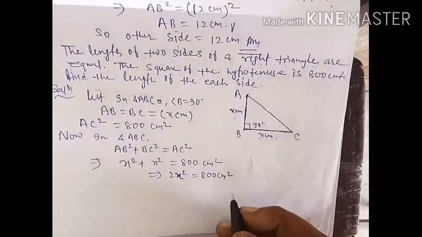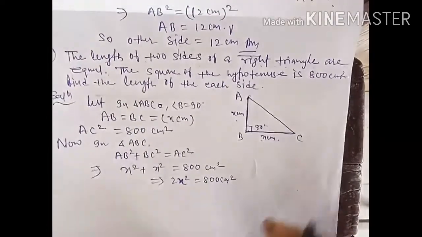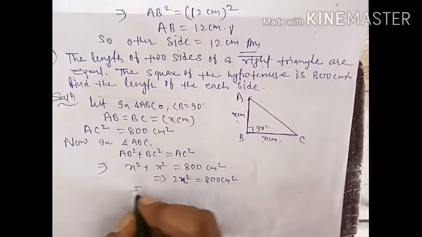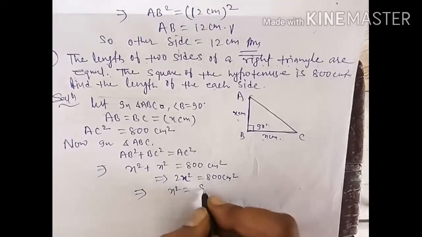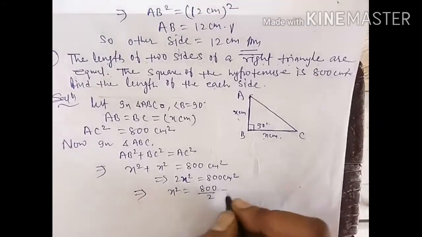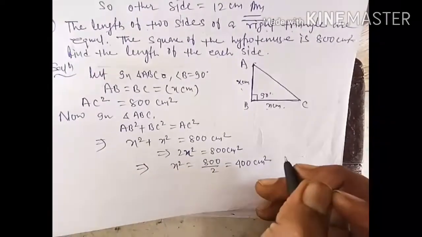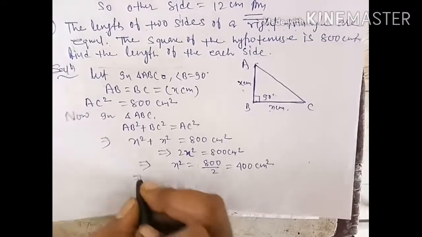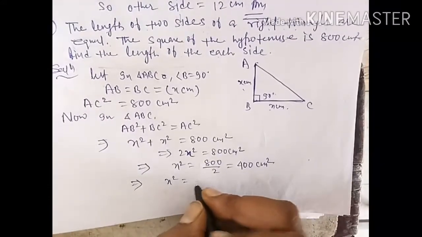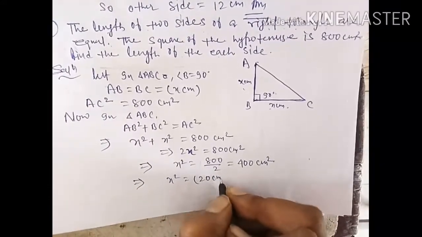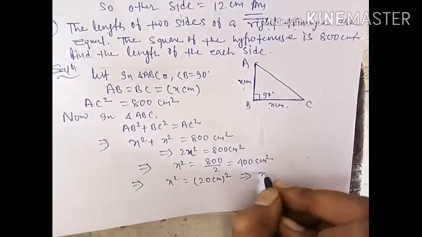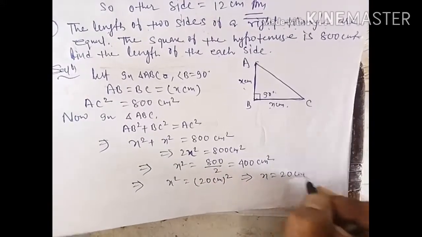So x square is equal to 800 by 2, that is 400 centimeter square. So x square is equal to 400 means 20 centimeter whole square. So x is equal to 20 centimeter.